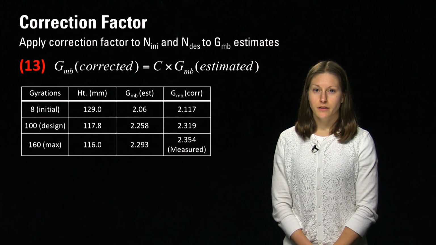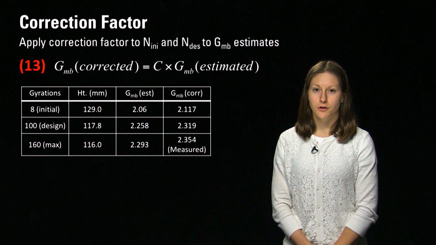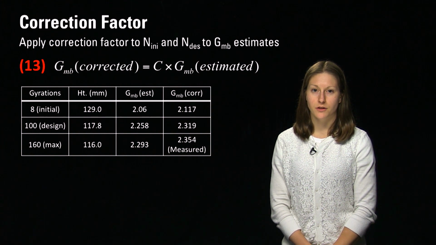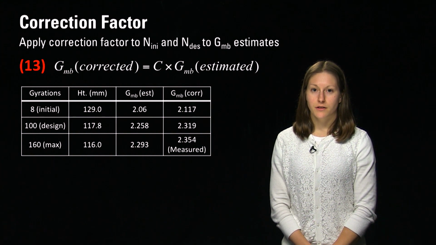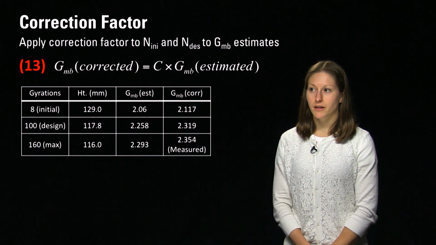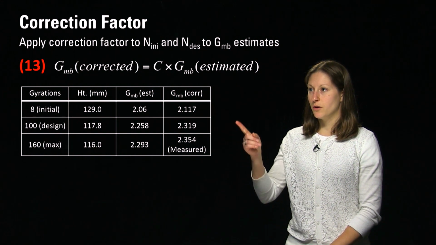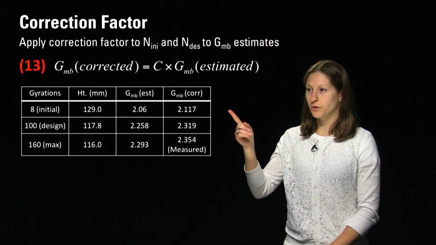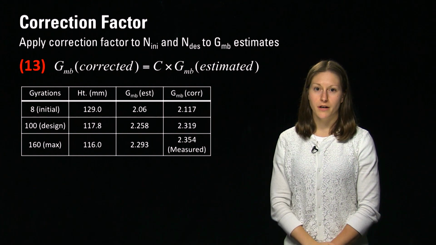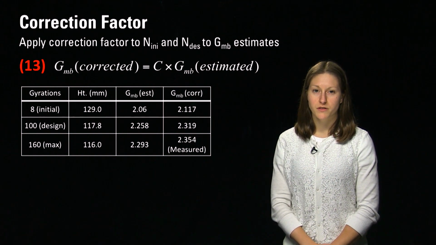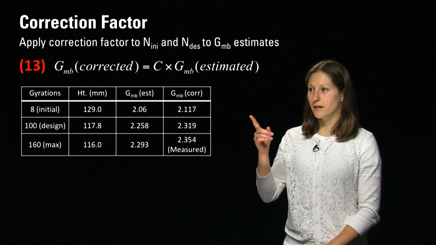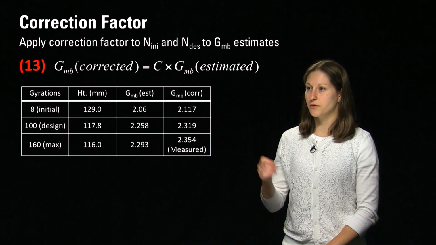We use the calculated correction factor to correct our estimates of our bulk specific gravity at N initial and N design. The corrected values are tabulated in this table using equation 13. You'll notice that the corrected bulk specific gravities are slightly higher than the estimated. Recall that our correction factor was 1.027, which is going to raise the estimated by a slight amount, and so the numbers make sense.